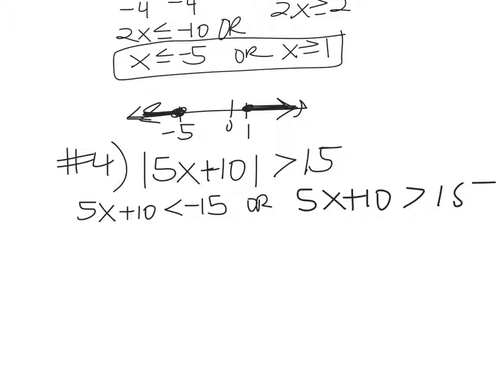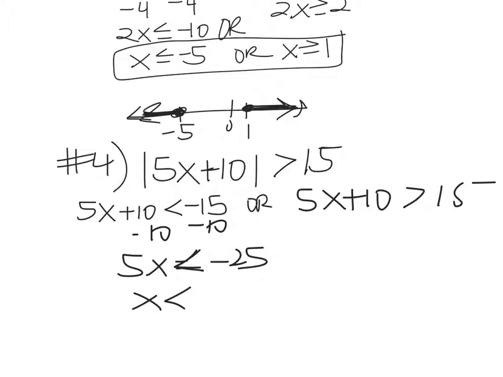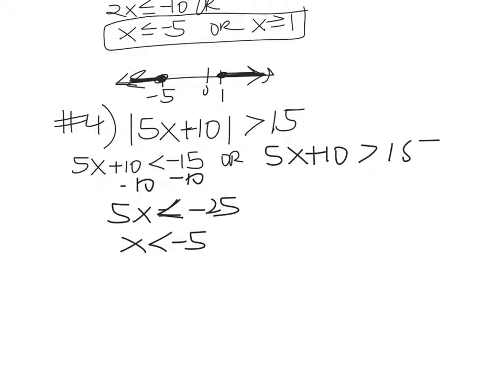I got to go farther than negative 15, and I got to go past positive 15. And so I'm going to subtract 10, and I get 5x is less than negative 25. So x has to be less than negative 5. And I go over here and subtract 10, and I get 5. So x is greater than 1.